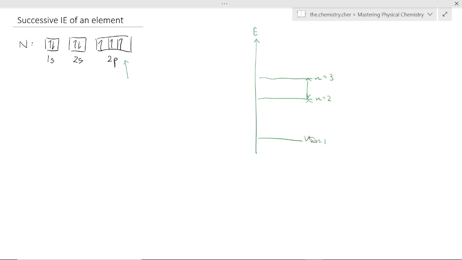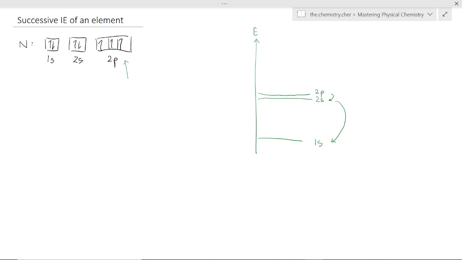If I look at the individual orbitals, in n equals 2, you can also have your 2s and your 2p orbitals. So you'll realize that there's actually a small jump from 2p to 2s, but a big jump from 2p to 1s.